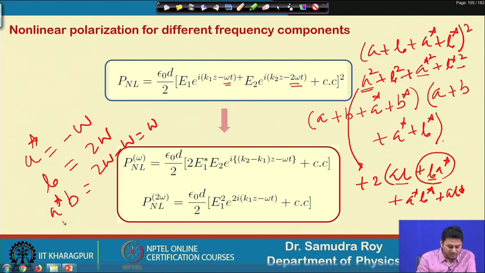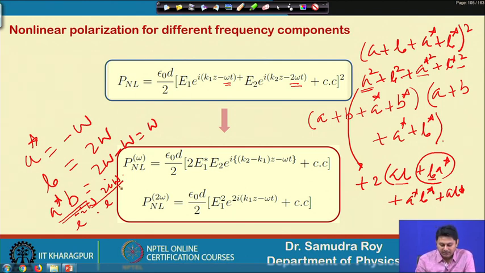Why add? In this multiplication, the frequency component is inside the exponential term. So, it will be e to the power i omega, multiplied by e to the power minus i omega and multiplied by e to the power 2 i omega. So, when you multiply that, this frequency component is going to add up.